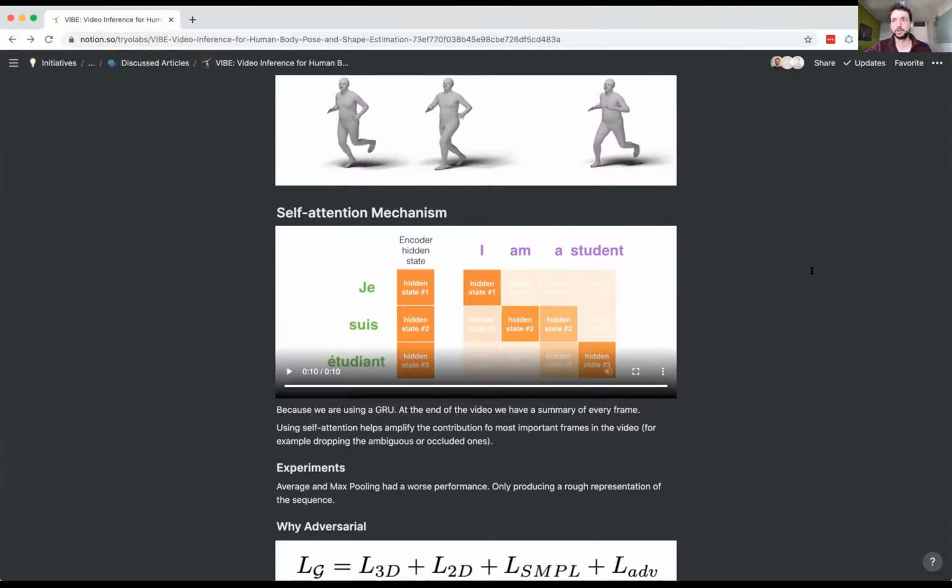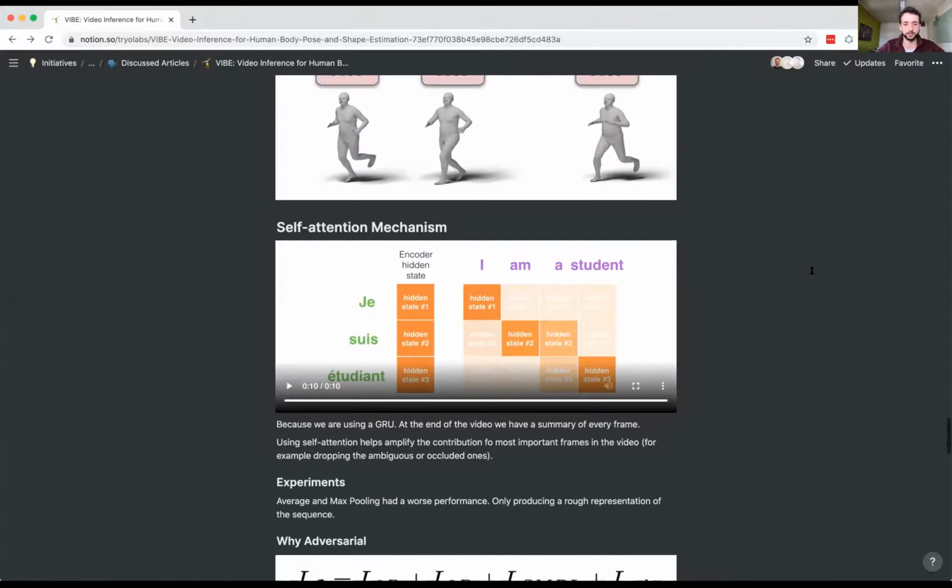And so here in the video, the good thing about having this self-attention mechanism is that you can give different importances to different frames. So for example, if you have a frame that has very heavy occlusion, or a multi-person occlusion, or the figure is ambiguous, you can give less attention to that one and just pay attention to the rest.